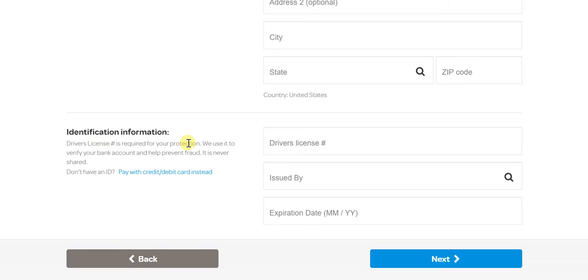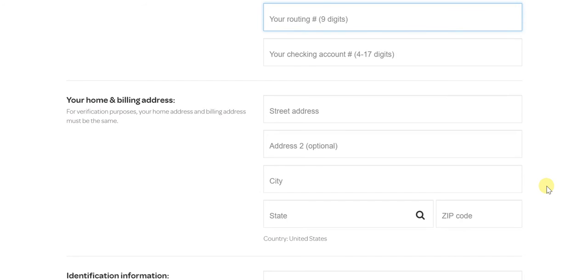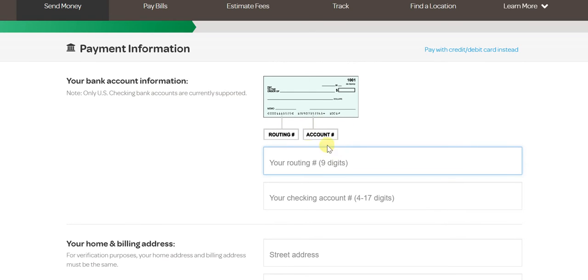This is mandatory for your own protection, so that your bank account can be verified and fraud can be prevented. Rest assured, MoneyGram never shares this particular driving license information, the number, or any such details. They are not shared. So that's pretty much it, and that's where we'll end, because here you'll actually have to enter the factual information of these particular details.